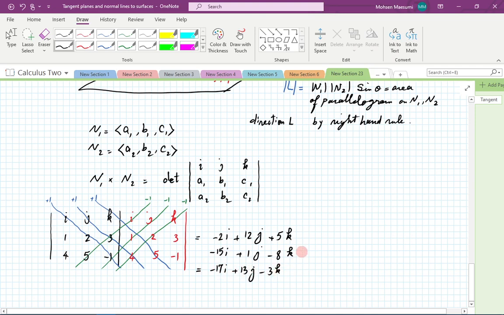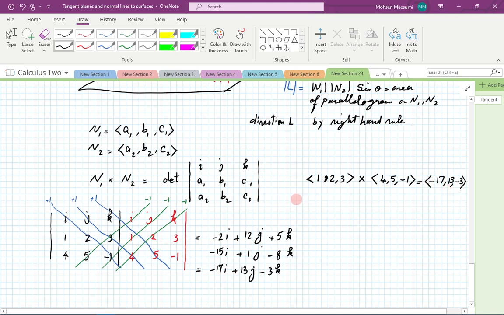So if you want to simplify this, how would you write it? In short, what we had is the vector 1, 2, 3 crossed with 4, 5, -1 is the vector that we get here: -17, 13, -3.